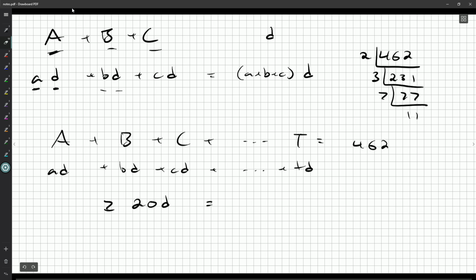So what we've got here is 462 has to be bigger than or equal to 20 copies of our divisor. All right, if we divide both sides by 2, you'll get the 231 we had earlier. Divide both sides by 10, you know that our D, our greatest common divisor that these numbers could have, could be no more than 23.1.